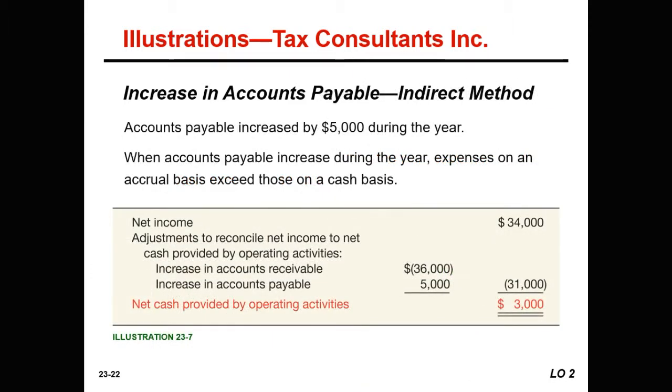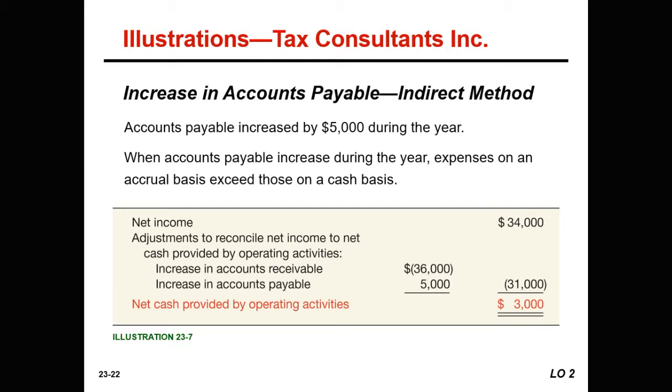Now we continue through and go to the next account in line, which was accounts payable. Like I said, we're looking at current assets and current liabilities only. When non-cash current asset accounts decrease or non-cash current liability accounts increase, the change is subtracted from net income.